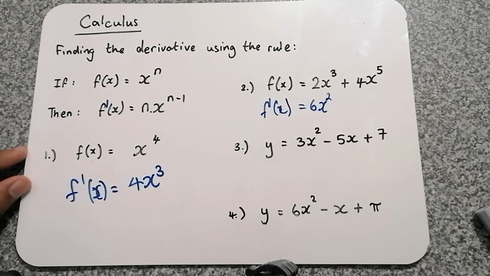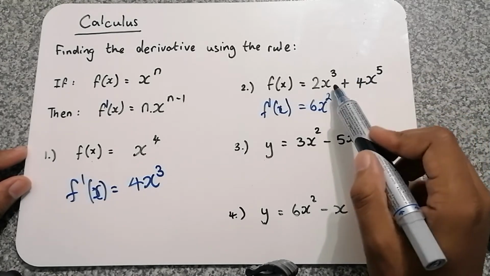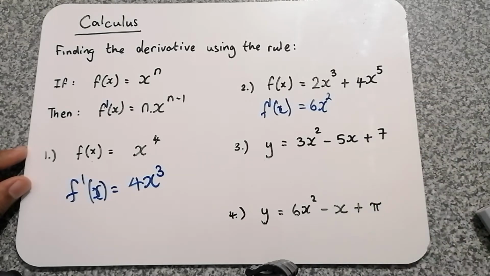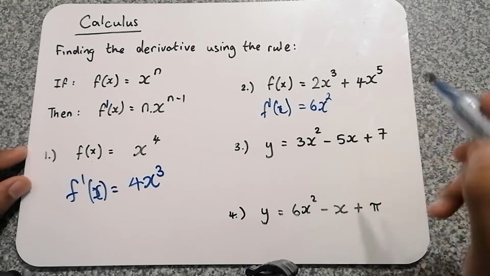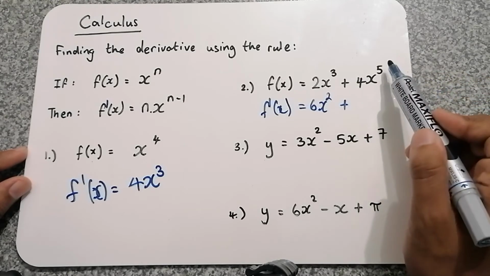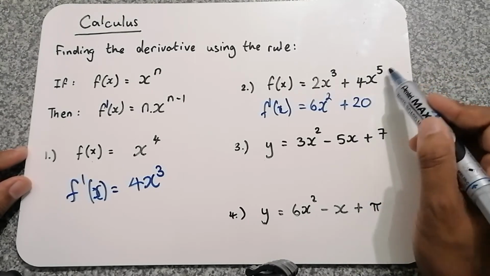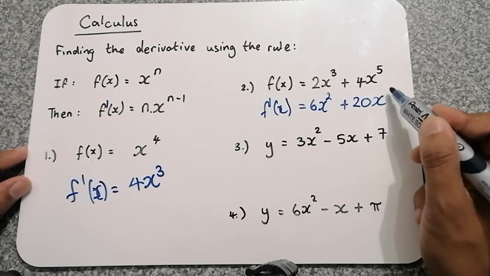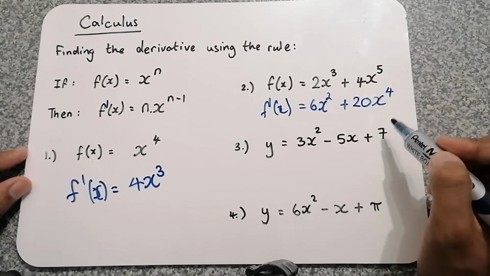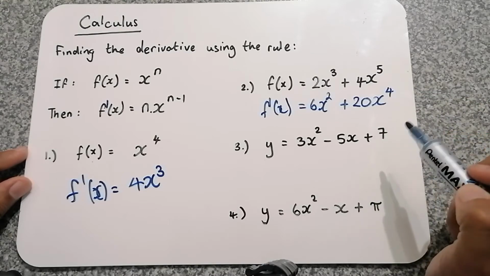It's like you're removing 1 x. Since there are 3 x's multiplied together, we're taking 1 x away, so there are only 2 left. Here we multiply the 5 by the 4, so that gives us 20. And then we decrease the 5 by 1, so x to the power of 4. There are 5 x's, you're taking 1 away.